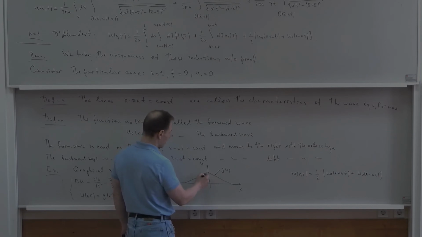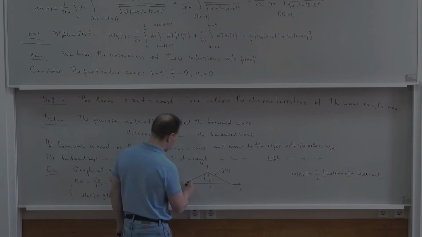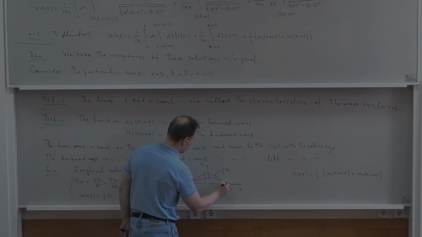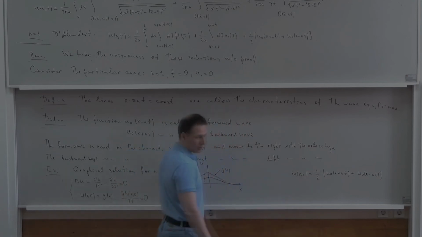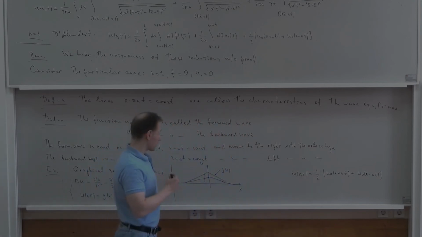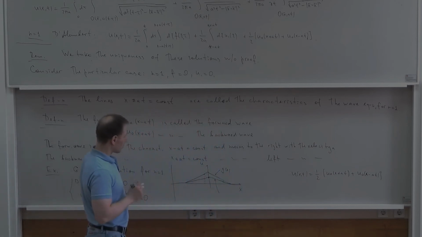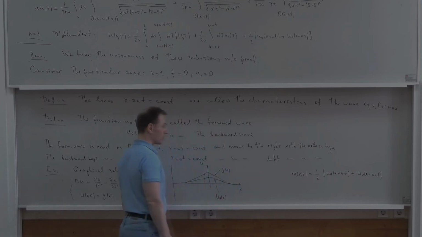For example, take a point here, find its height, and divide it by 2. And so at every point, we obtain such a curve. And in fact, as follows from this formula, this curve defines the profile of the function u0 of x.